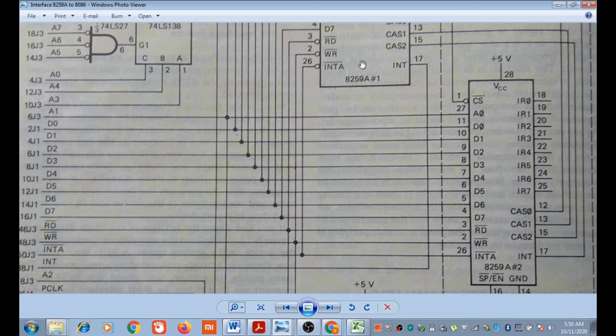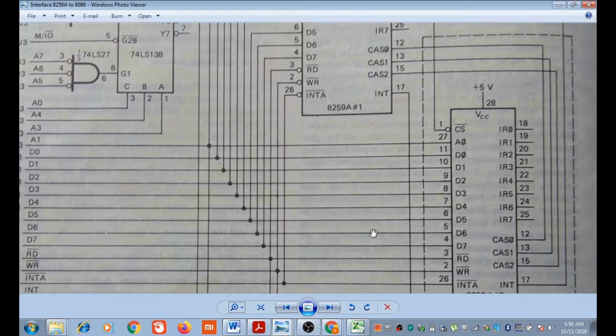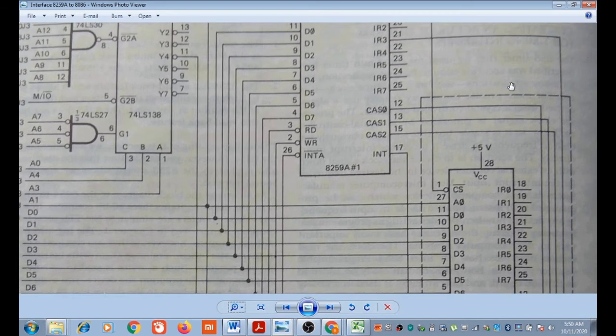So this is the master and this is the slave. So its INT pin is connected to the IR3 pin of the master.